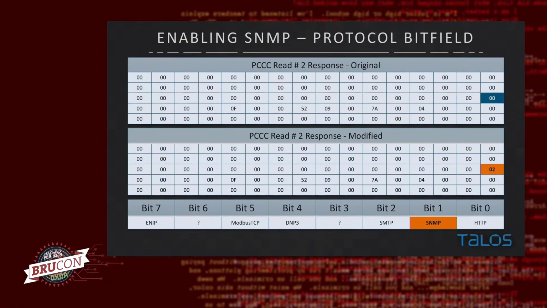As you can see in the very bottom graph, those are the ones we were able to figure out. We didn't dig a whole ton more into the question mark ones just because we were very explicitly looking at SNMP. So we set that bit, combine it back up into a full byte, and replace the byte highlighted in the original response. And in theory, we should have SNMP enabled once we send it back up to the device.